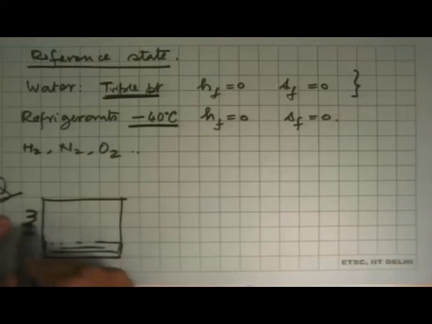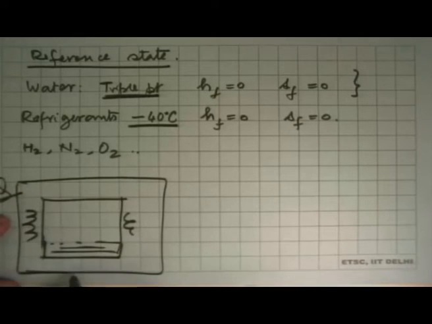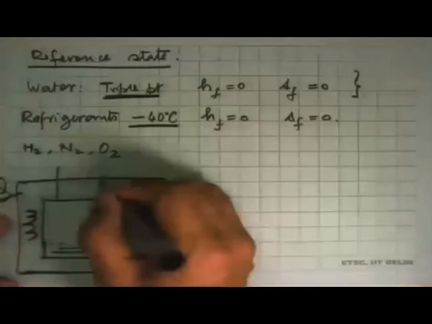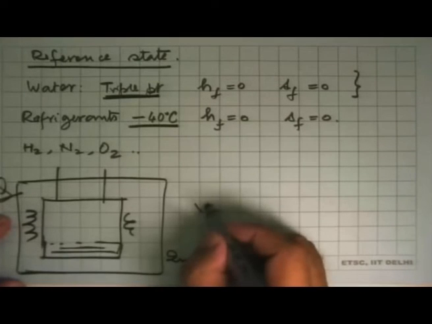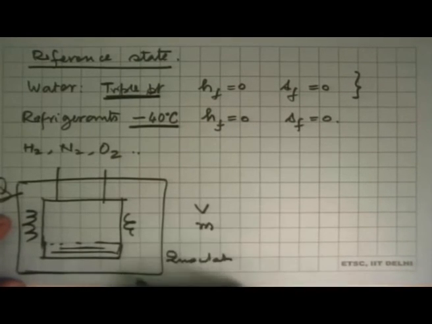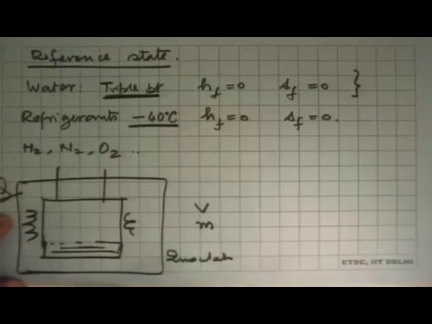This vessel then had heaters around it, and this whole system was well insulated. And in this there were instruments for pressure and temperature. The volume of this vessel was known, the mass of fluid that we put into it was known, and we could measure pressure and temperature. And that's how these experiments were done.